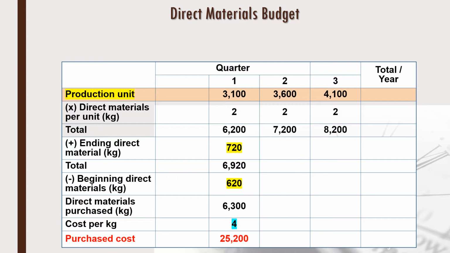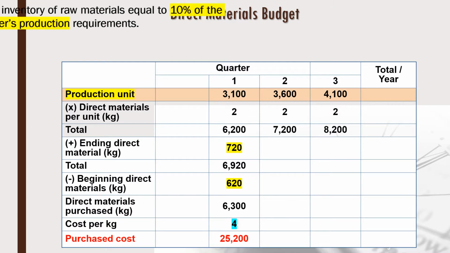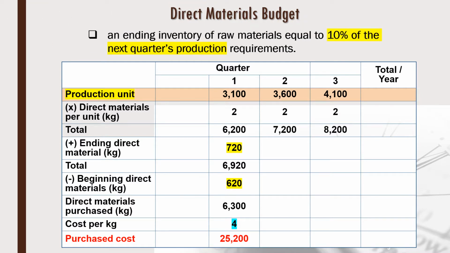So, where does the ending direct materials 720 come from? From the question, it said that an ending inventory of raw materials equals 10% of the next quarter production requirement. For the first quarter, the next quarter is quarter 2.